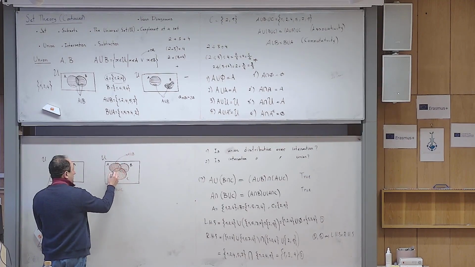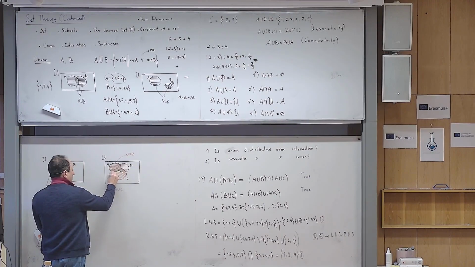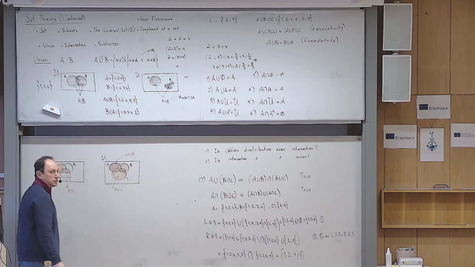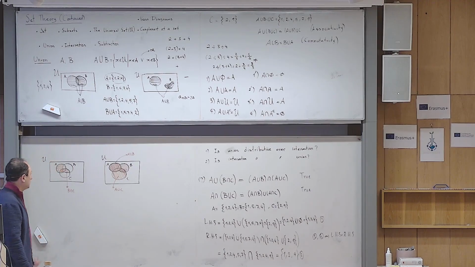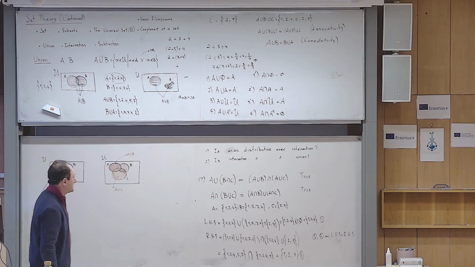This part is exactly the part that we are interested in. These are the only parts where you see two colors. And this is exactly the same as before. So it is a better way of understanding that this is true.